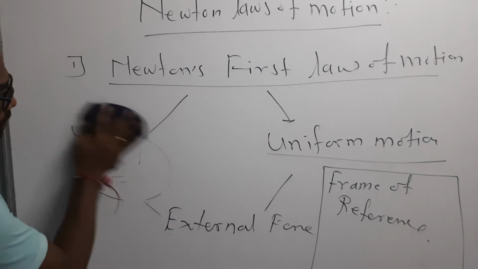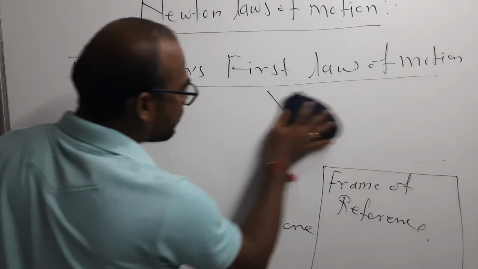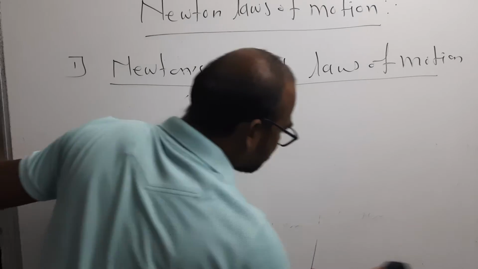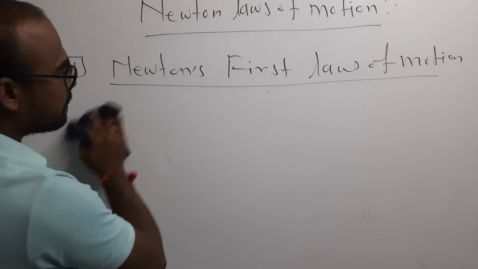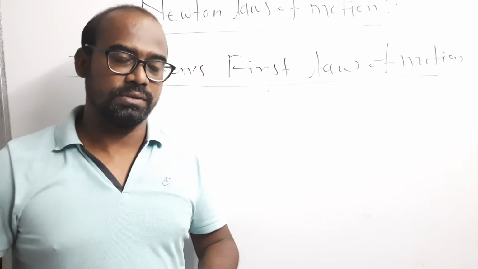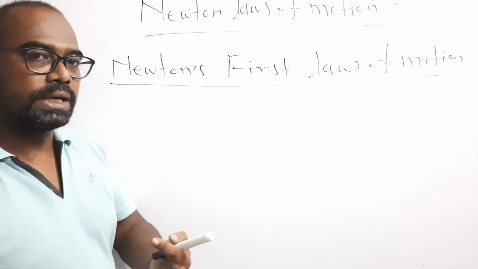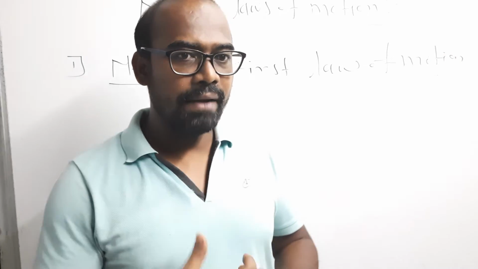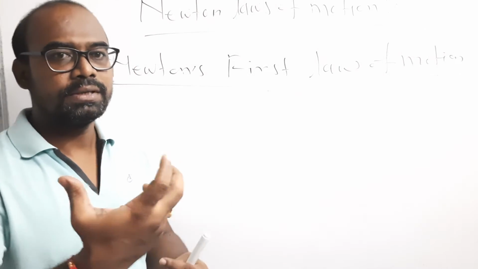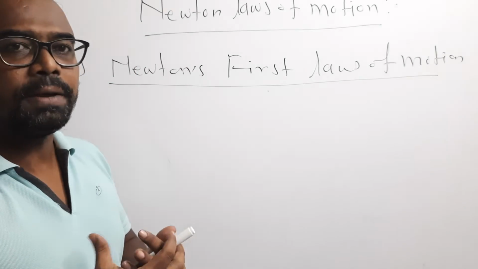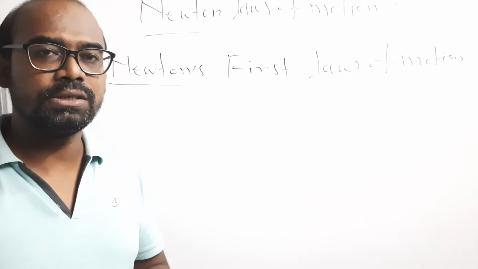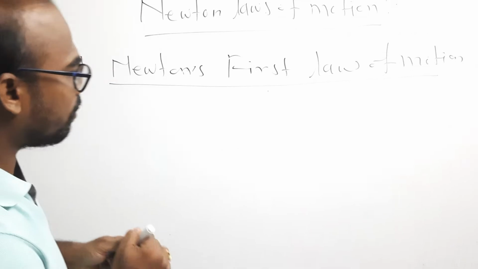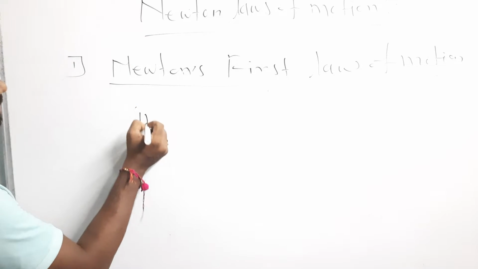So in other terms, if we discuss Newton's first law of motion, why any object or body has such type of resistance or behavior, nature, that we call in another term as inertia.